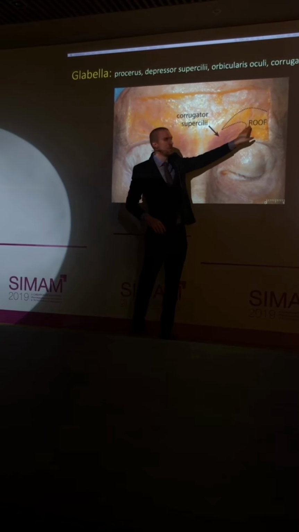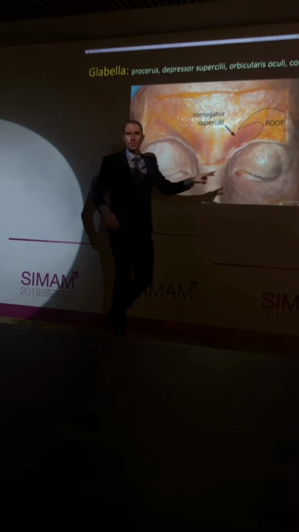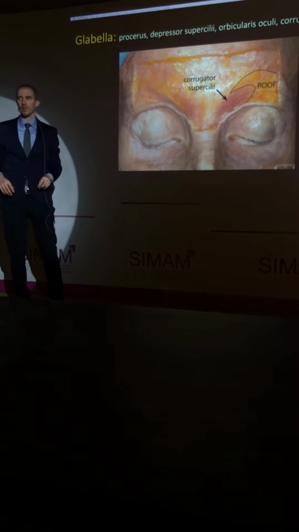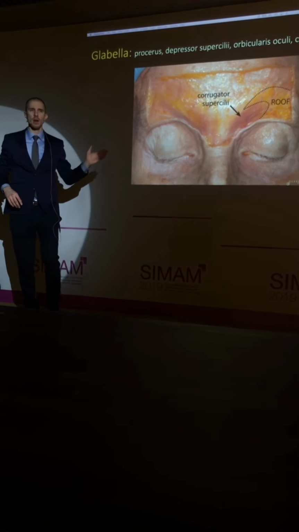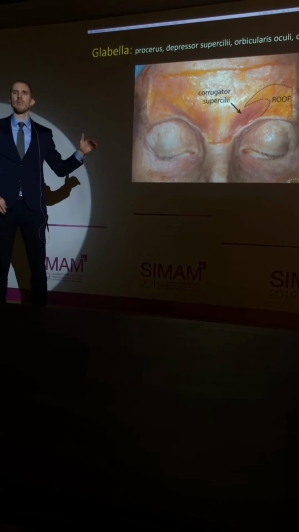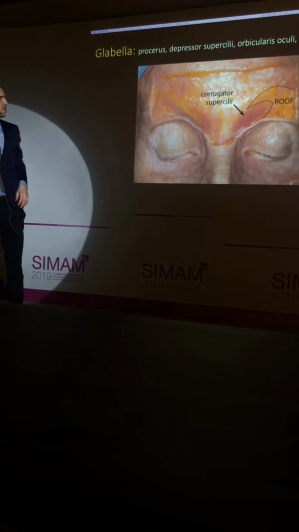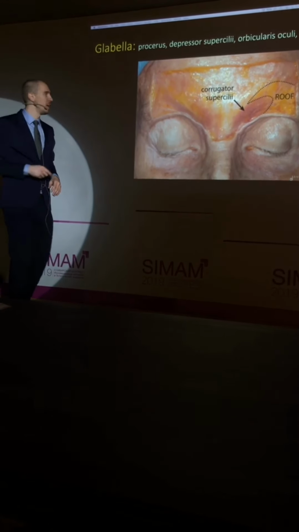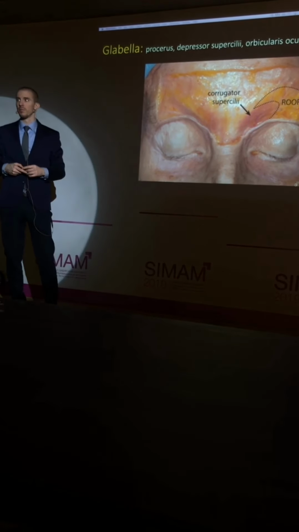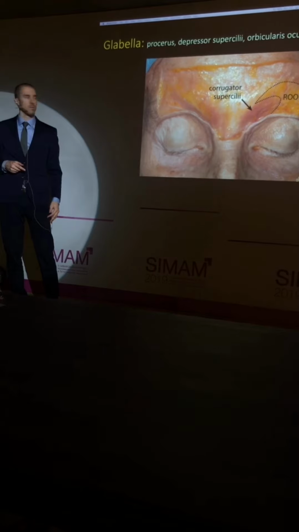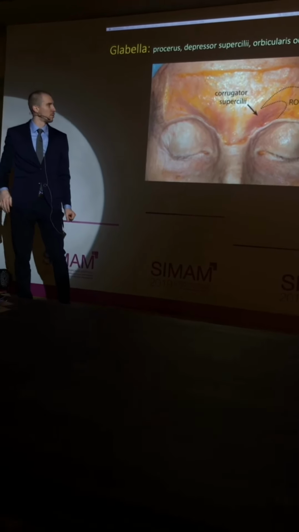And also, just look at this. What is this? This is the ROOF, retroorbicularis oculi fat. А здесь у нас жир руф, то есть это жир, который находится под круговой мышцей глаза. Remember, we've said that deep fat compartments, and this one of them is the ROOF, can be in layer number 4. Both of them are here in layer number 4. Помните, мы говорили о том, что в четвертом слое мы можем обнаружить глубокие жировые компартменты.